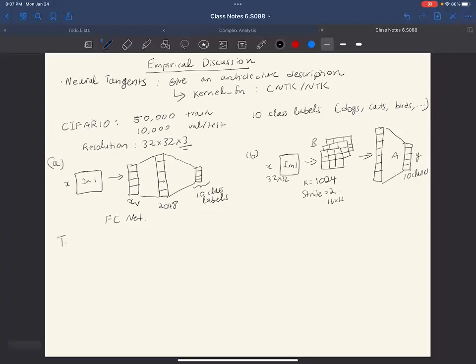So what did I do for the training methodology? For my neural nets, remember for kernels this is trivial: I just solve a linear system of equations. I don't do anything fancy. But for neural nets, I have to be a little fancy. I use the Adam optimizer. I set a learning rate of 10 to the negative 4, which is my standard trick. I use the default initialization for these layers from PyTorch. And then lastly, I use the cross entropy loss.